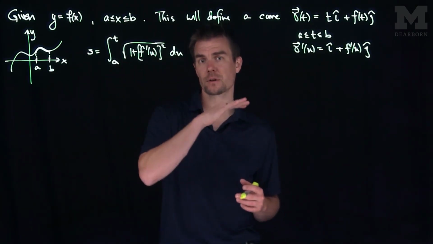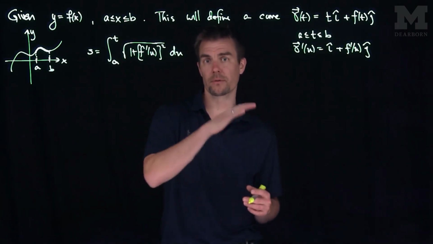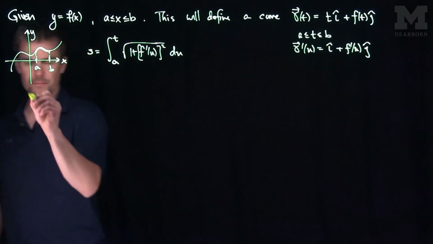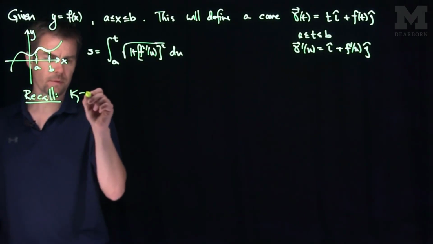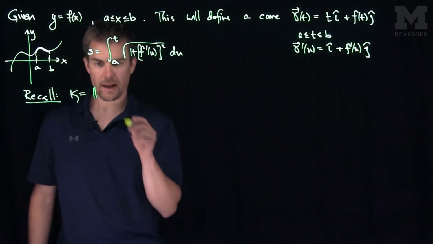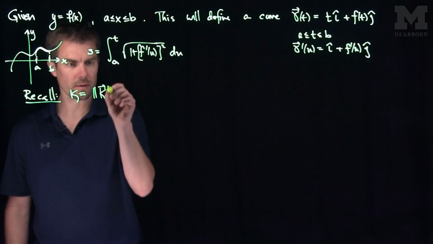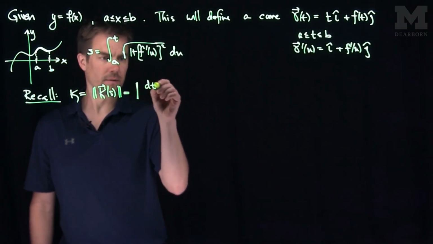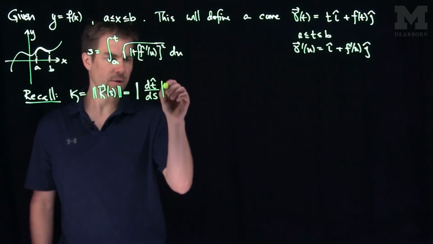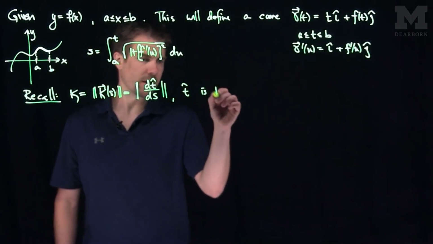So if I'm interested in finding the curvature, we have to use the general parameter formula for curvature. So let's recall that the curvature is the length of the curvature vector, which is the length of dT/ds, where T is the unit tangent vector.